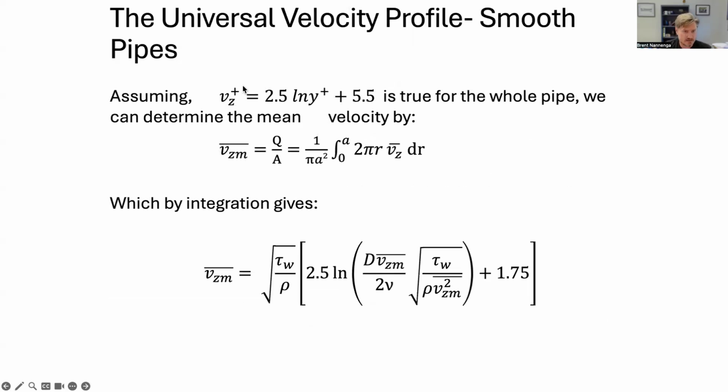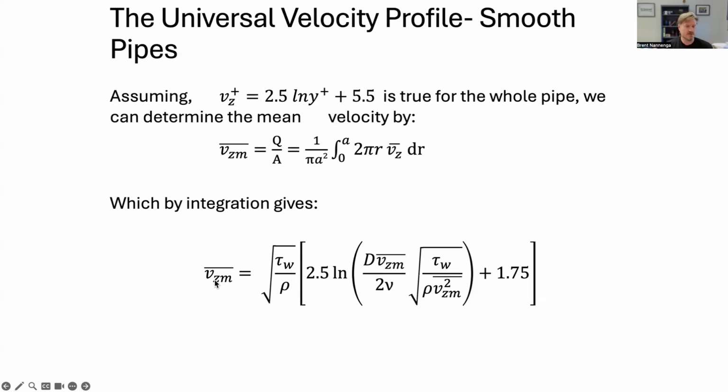So if we take this equation here, which gives us our time average velocity as a function of r, we can integrate this across the entire area. So this is basically our volumetric flow rate over area, equal to integrating the flux, which is the velocity through that cross-sectional area. We can derive a form for the mean velocity through the entire pipe.